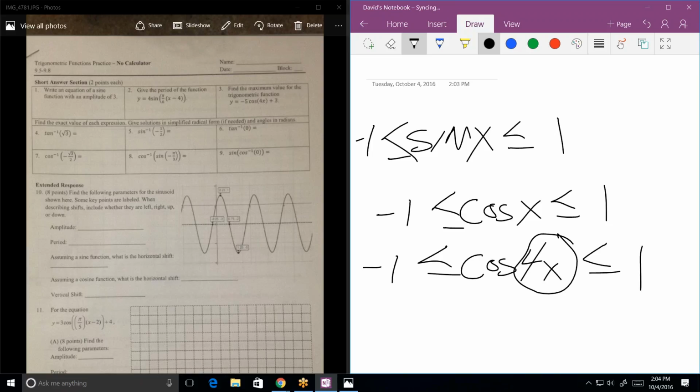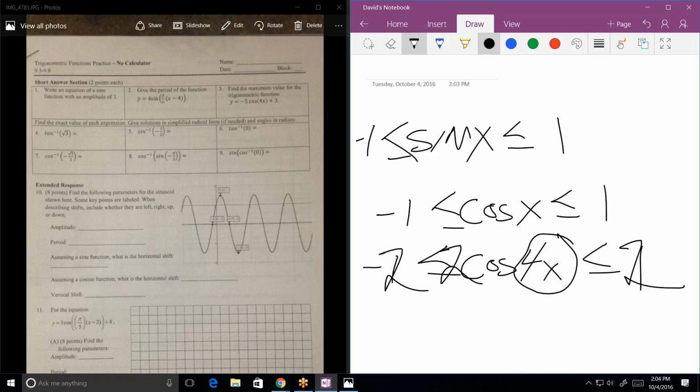Now, if I put a multiplier in there, say 2, now I'm going to go from -2 to +2. So that -5 was a multiplier, and that affected our maximum value. But the fact is that the cosine of 4x fluctuates between -1 and 1. That's it.